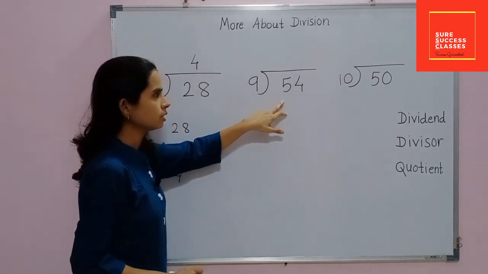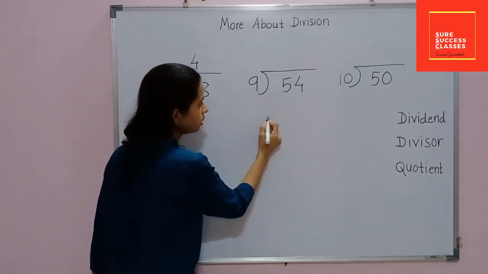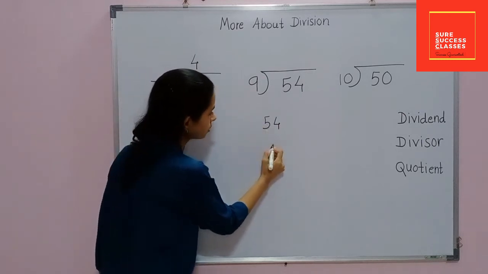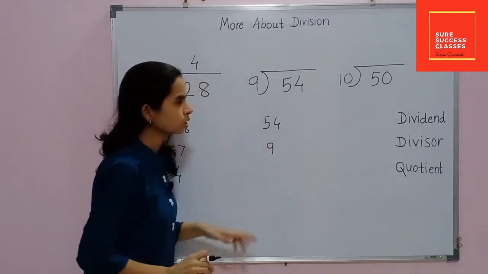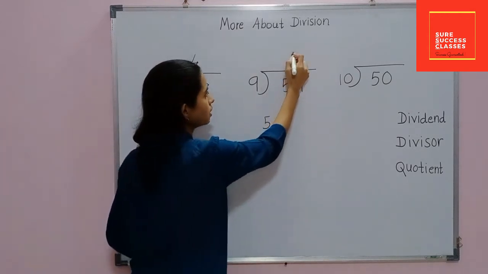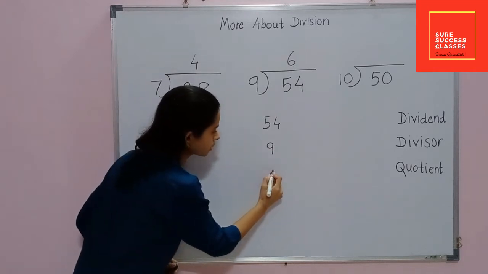The next example is 54 divided by 9. Here 54 is the dividend, the divisor is 9, and the quotient, the result of this division, is: 9 sixes are 54. So the quotient is 6.